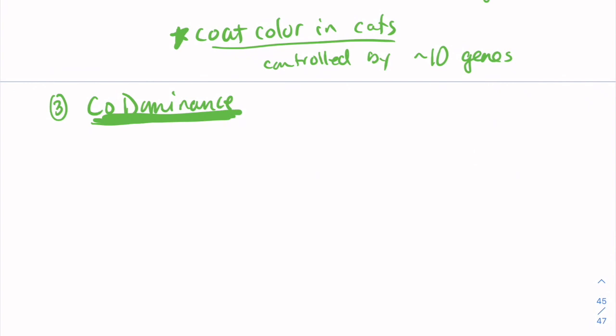It's not that one is recessive. There are no dominant and recessive alleles at all. So no even partly dominant alleles. No partly dominant or recessive alleles here.